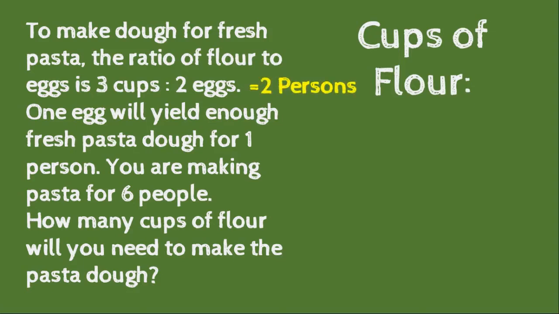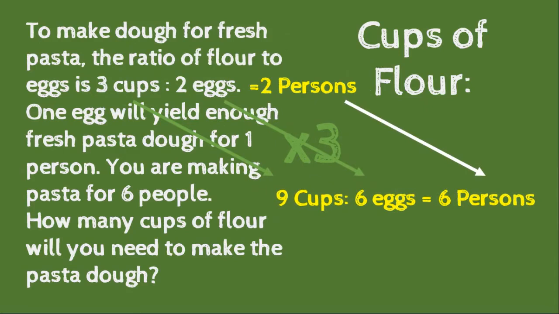We can derive that if we can serve 1 person per 1 egg, then in the original ratio of 3 cups to 2 eggs, we can feed 2 people. If we are trying to make for 6 people, from the original, we need to multiply 2 persons times 3 to get 6 people.